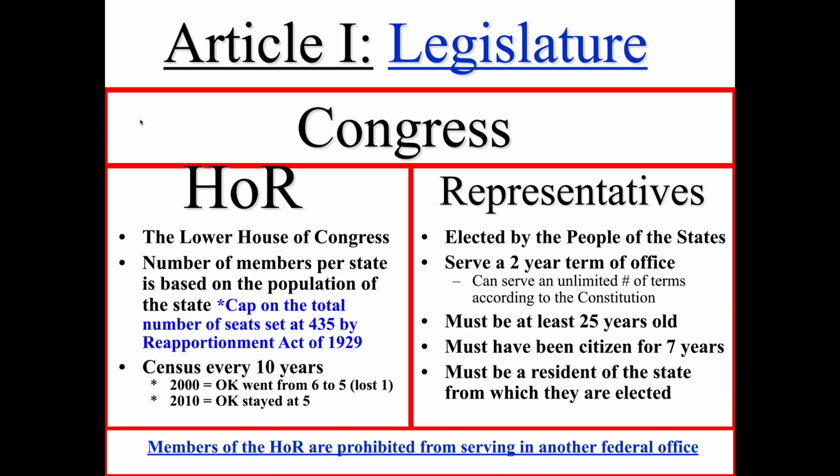Constitutional obligations are that they must be at least 25 years old, they have to have been a citizen for 7 years, and they have to reside in the state from which they are elected. And in an unofficial capacity, they really have to live in the congressional district from which they're elected. That's not a constitutional obligation. And they're also prohibited from serving in another federal office. So as long as they hold an elected seat in Congress, they can't hold another federal office.